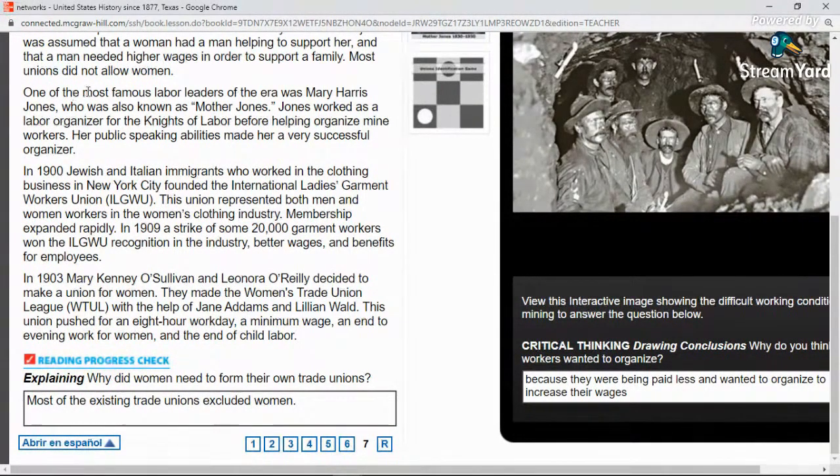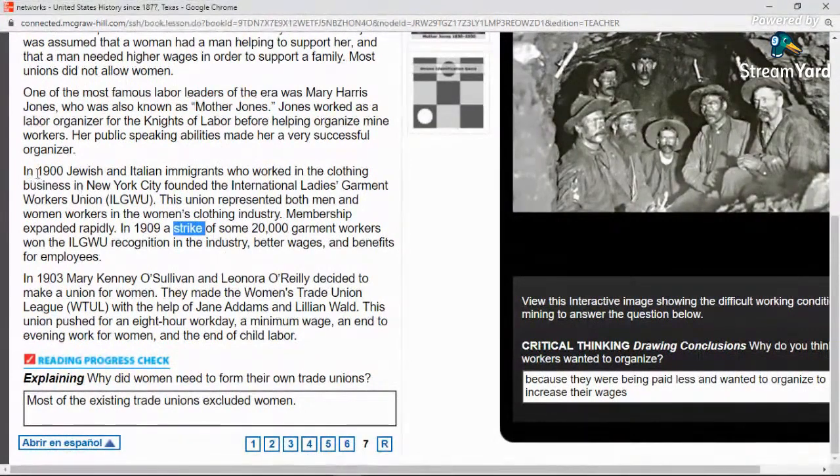And a lot of unions did not allow women. One of the most famous labor leaders of the era was Mary Harris Jones, who was known as Mother Jones. And this magazine still exists today, this publication. It's a union magazine. Jones worked as a labor organizer for the Knights of Labor before helping organize mine workers. She was a very good public speaker, an organizer.